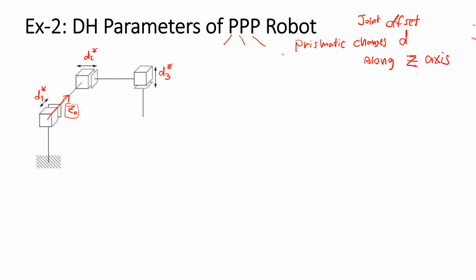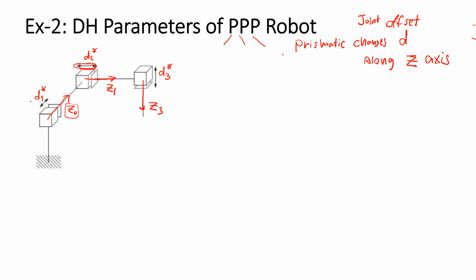So to attach frames for the prismatic robot, what we need to do is just put the z-axis along the direction of the offset, the direction of the motion. This prismatic robot can translate in the direction of the joint.